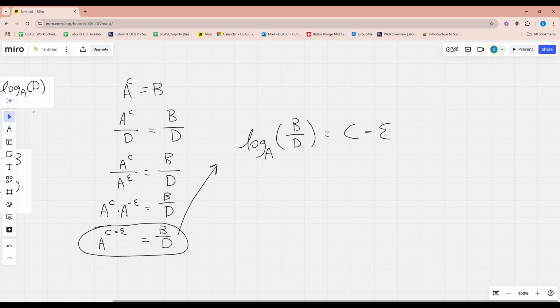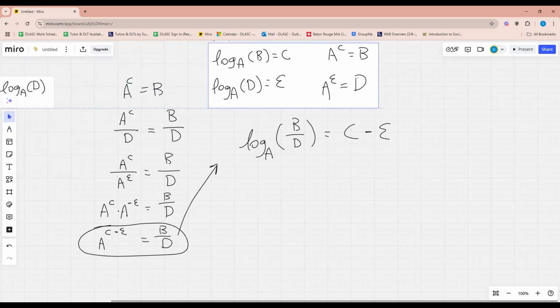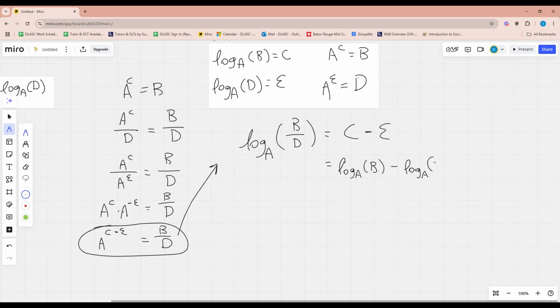And if that is true, we can see that there are some substitutions that we can make, because c is equal to log base a of b. That's my first one. And then e is equal to log base a of d, so I'm going to substitute that in. Log base a of d. And there we go. I think we proved it.